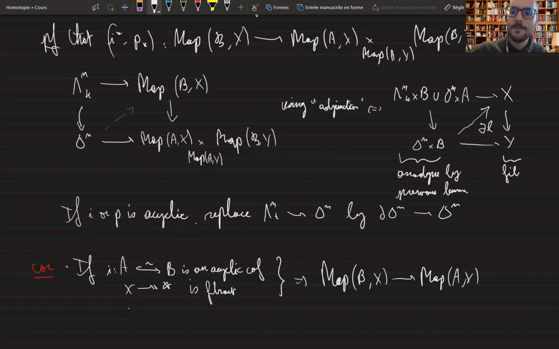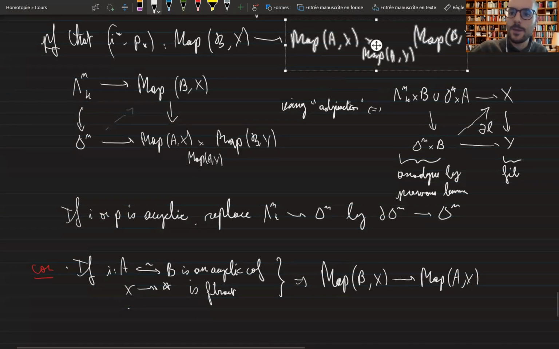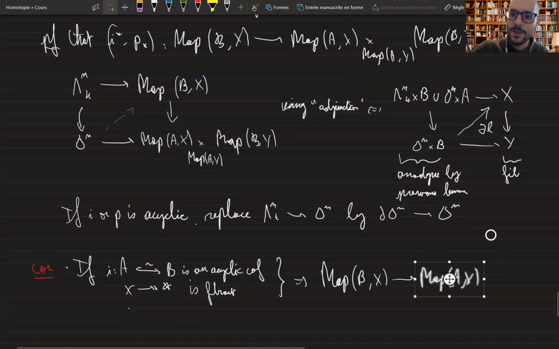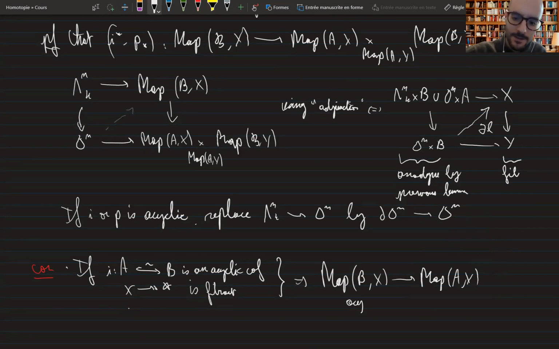In this case, this big square reduces to this because Y is terminal, is an acyclic fibration.